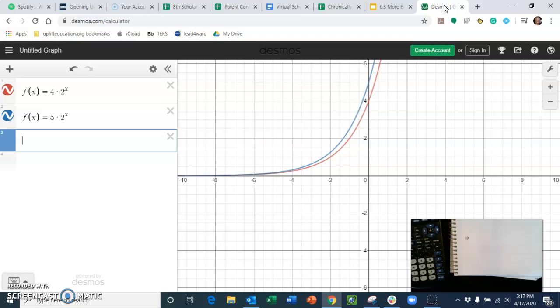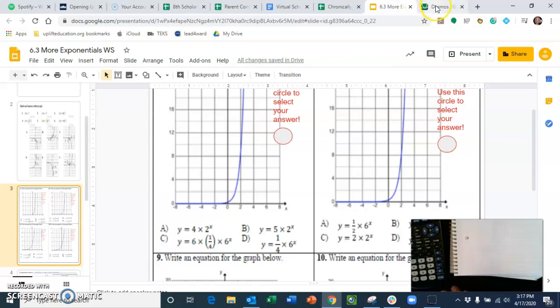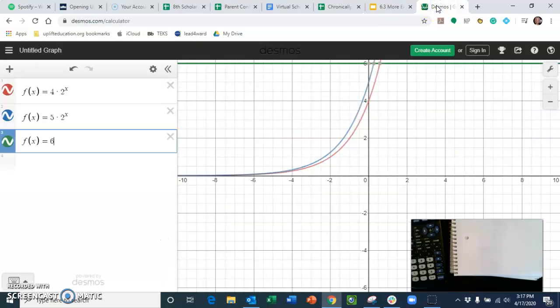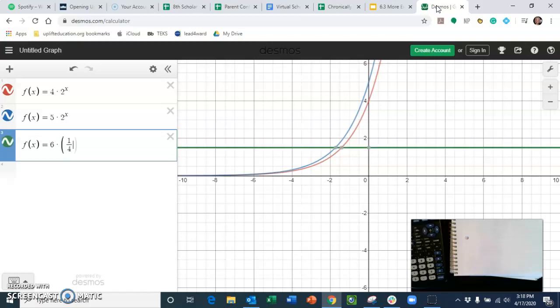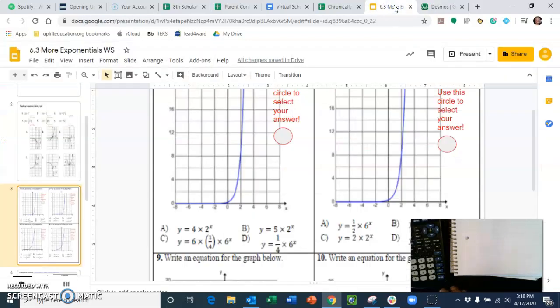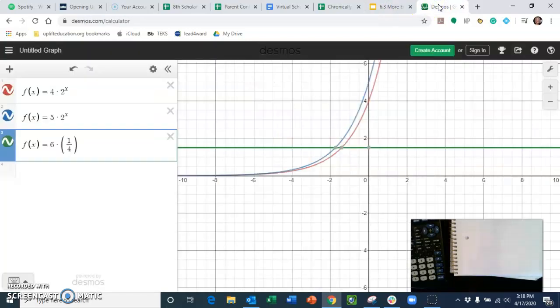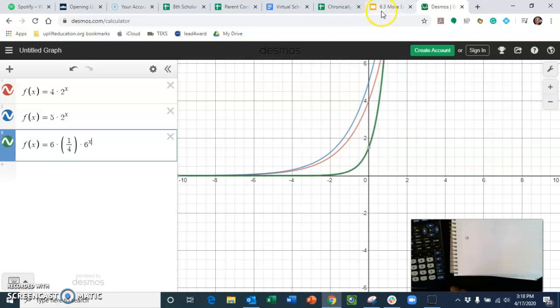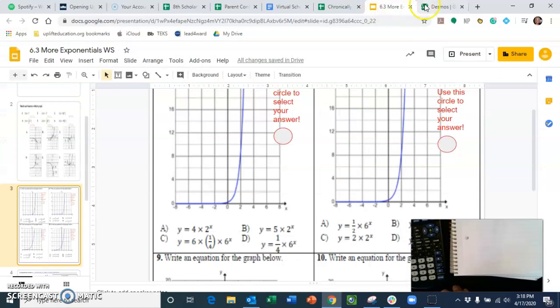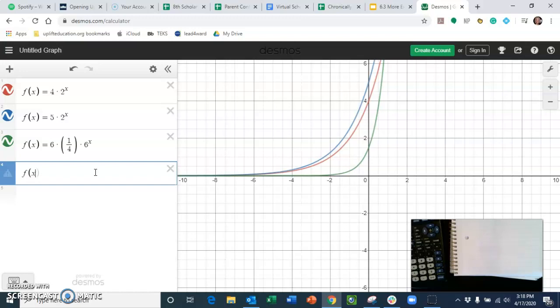That one's kind of a funky one. 6 times 1/4 times 6 to the x. Okay, and then the last one is 1/4 times 6 to the x.